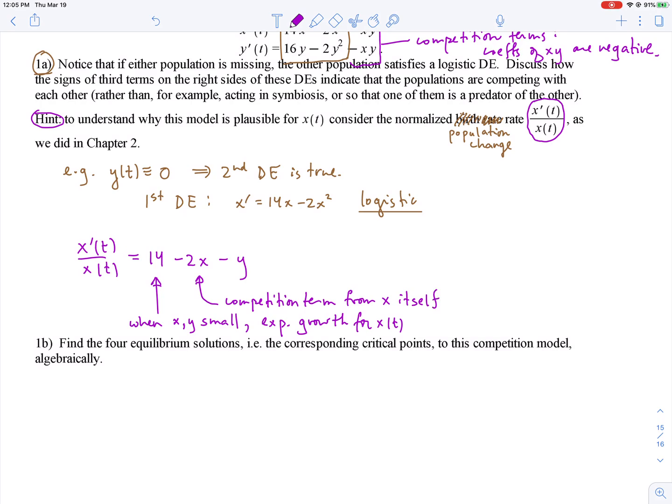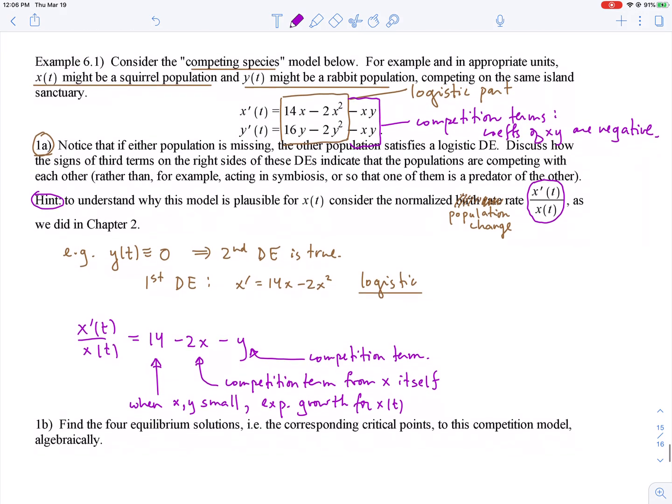And, well, if y of t is present competing for the same resources, then this is just a competition term in the normalized population change rate from y of t. Okay, so apparently in this example, y does not inhibit the growth of the population x of t as much as x of t does.